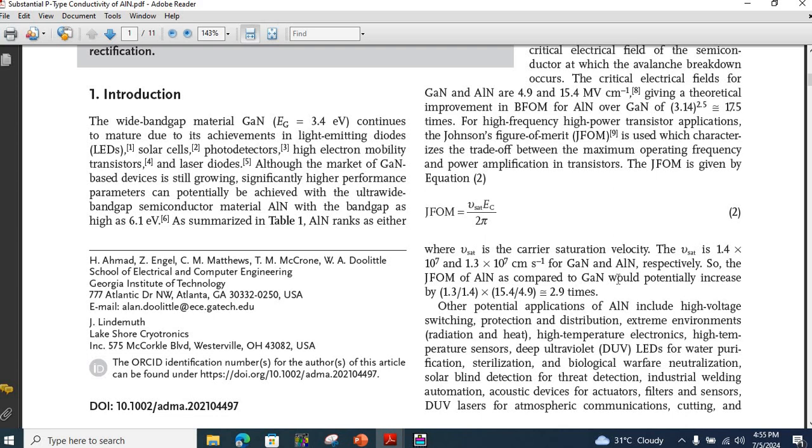Some common applications of high power PIN diodes are radio frequency power amplifiers, power supplies and converters, pulse power systems, switching devices, high frequency circuits, medical equipment, laser diode drivers, high power microwave systems, etc.